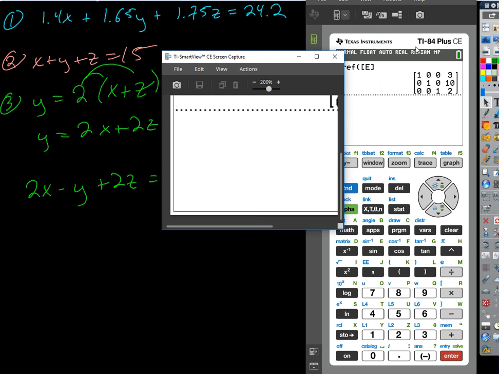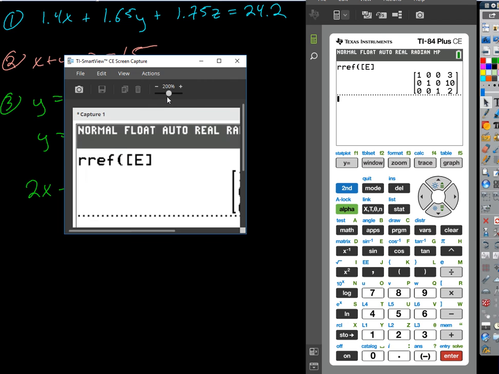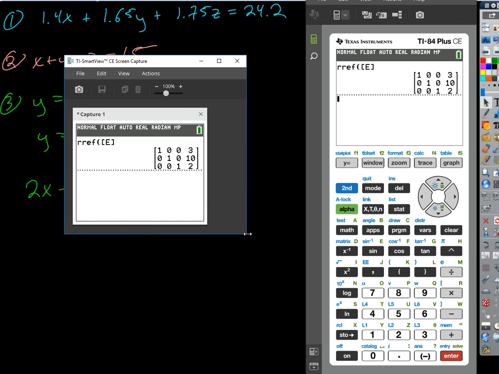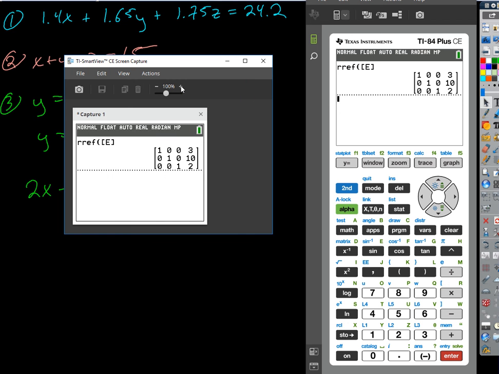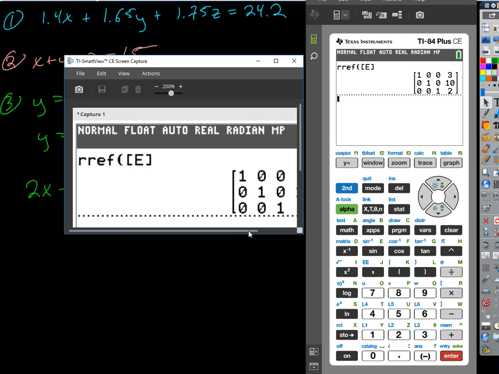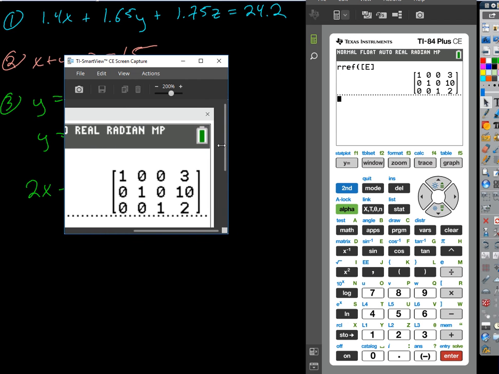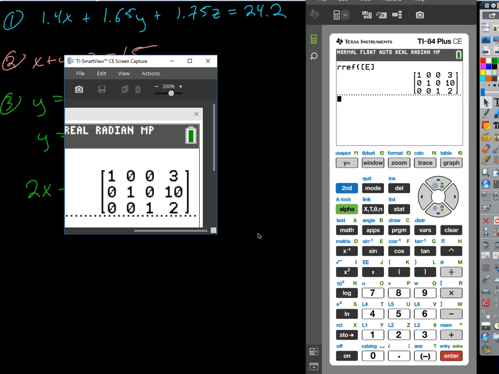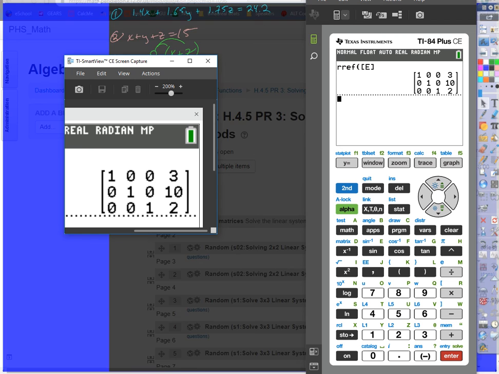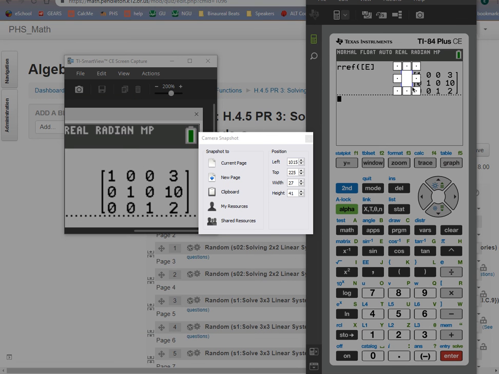Capture screen. There we go. Oh, never mind.